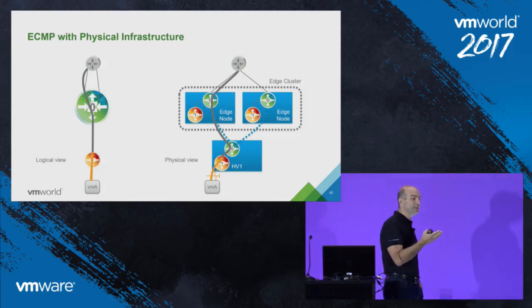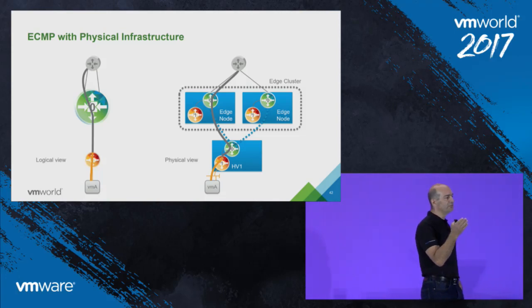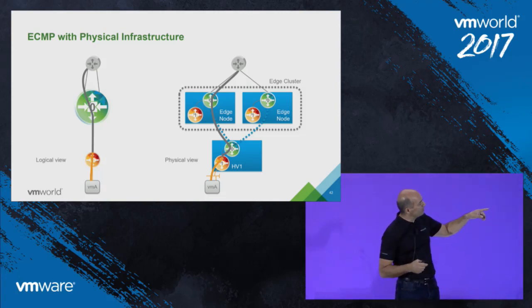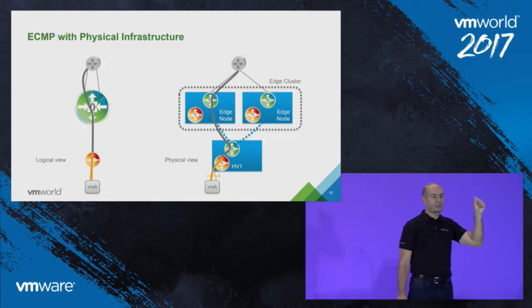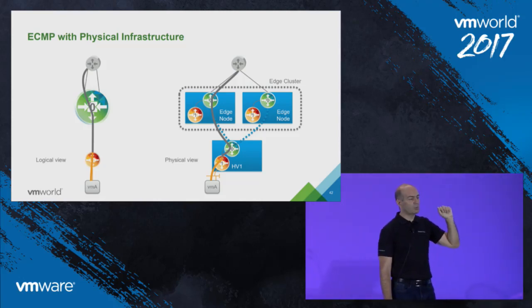The tier 0 determines that this traffic has to go out to, let's say, the internet, to a physical uplink. As we saw earlier, it's going to use this little intra tier 0 router tunnel to reach the service router, the centralized part of this tier 0 router, and then we can route to the outside world.